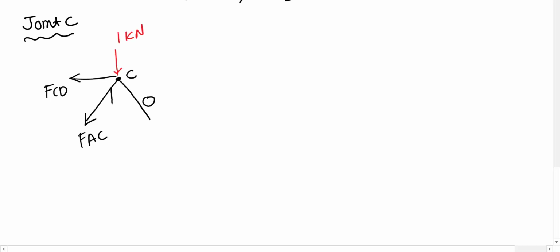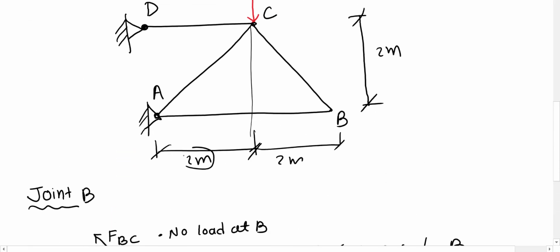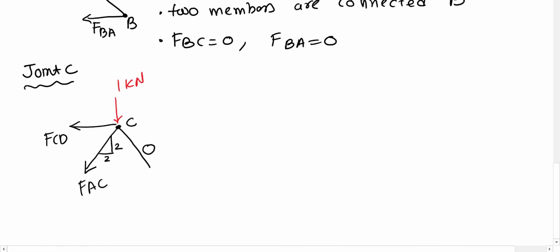Please note, this is a triangle of 2 meters by 2 meters, so this is 2 meters and 2 meters high for these members. Then the diagonal is square root 8, because that would be 2 squared plus 2 squared, equal to 4 plus 4, which gives us square root 8.